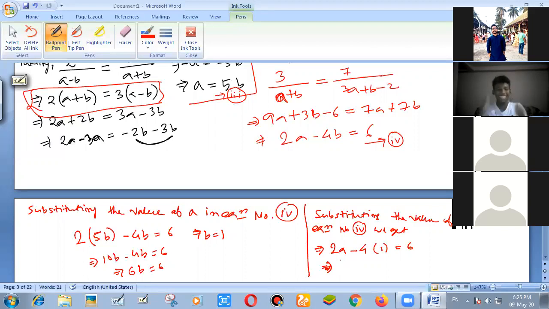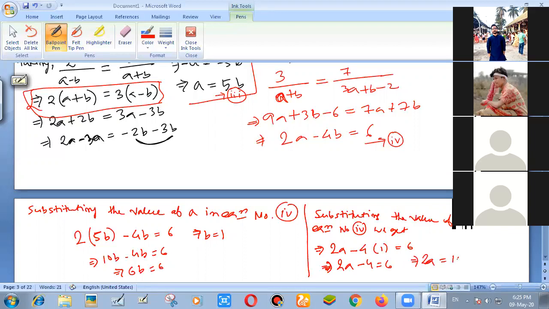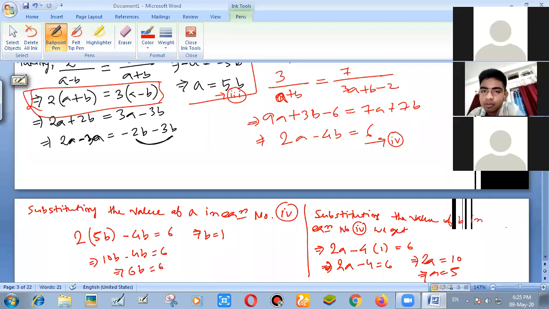Why are you not answering the question? What is the value of a? Sir, this should not be done. So it will be 2a equal to 10. So what is the value of a? a will be equal to 5. This is the virtual punishment. So I am going to give this virtual punishment to all of you. So all of you have to show me your face and slap yourself when you can't answer the question. Sir, why we can't? It's not possible.